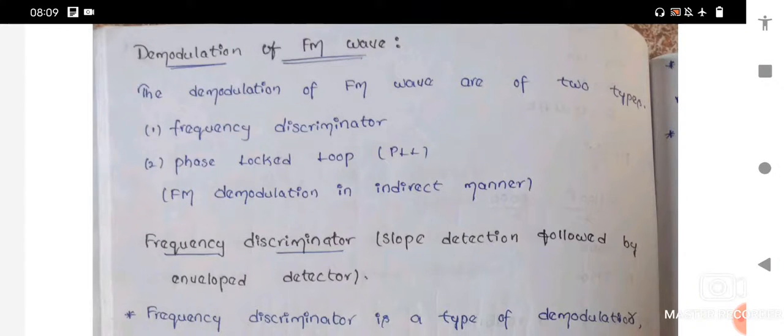To do the process, the demodulation of FM waves has two types. One is the frequency discriminator and the second one is the phase lock loop. The phase lock loop is a demodulation in the indirect manner.